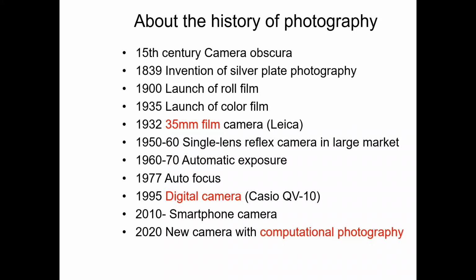in 1839, the film was totally different from those. The film was very large and thick, a plate with silver painted on it, and it was very sensitive, but needed a long time to expose.